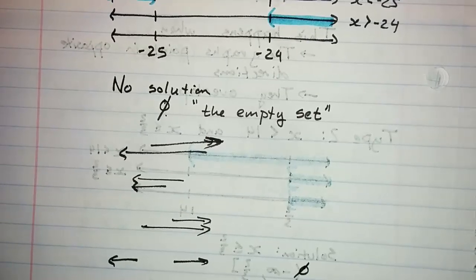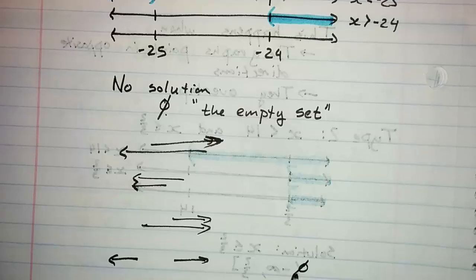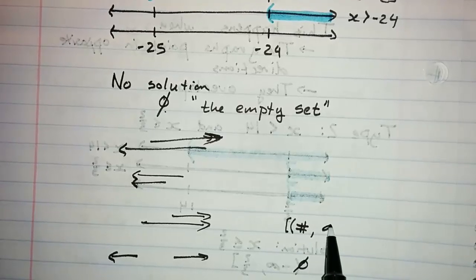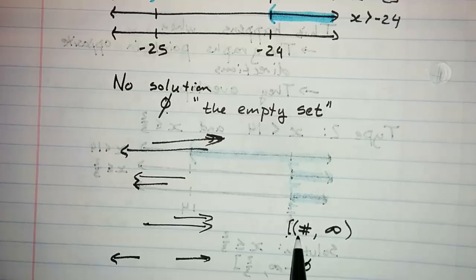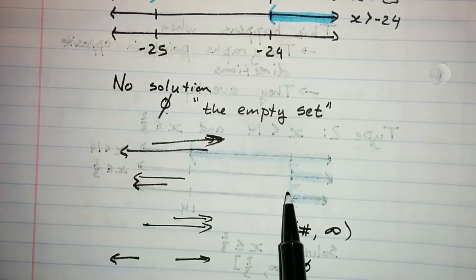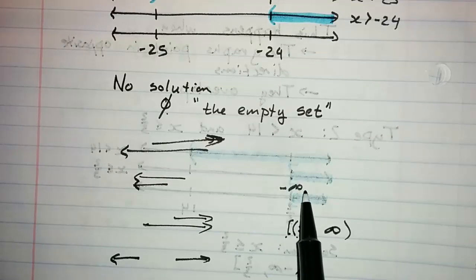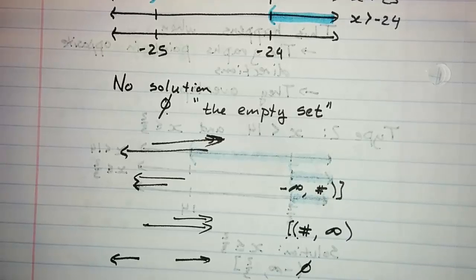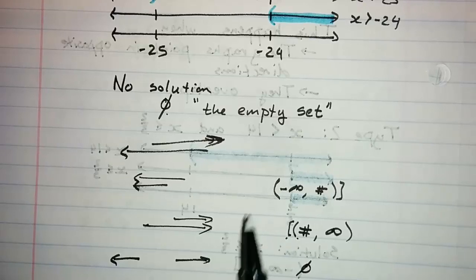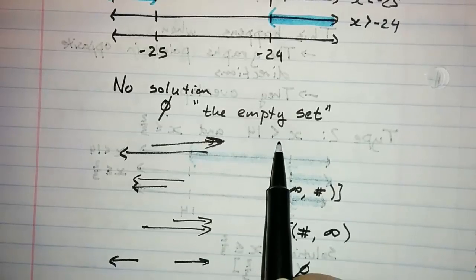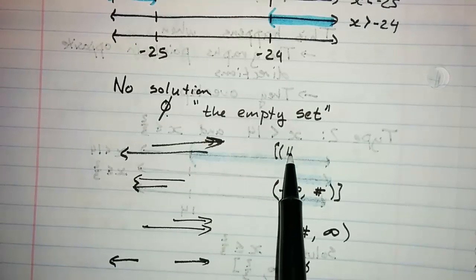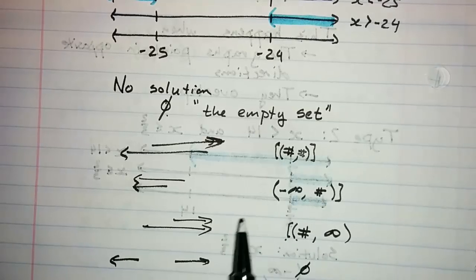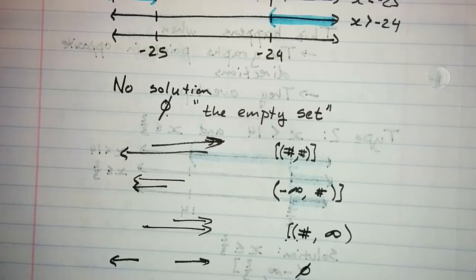They correspond to solution sets that look like the empty set, an interval from a number up to positive infinity with an appropriate bracket, an interval from negative infinity up to a number with an appropriate bracket, and an interval from one number to another number with appropriate brackets on both of them.